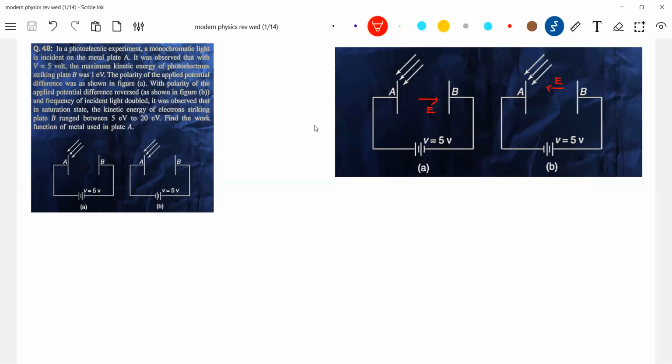With the polarity of applied potential difference reversed as shown in figure B and the frequency of incident light doubled, it was observed that the maximum kinetic energy of photoelectrons striking the plate B was 1 electron volt. Find the work function of the metal used in plate A. This was frequency F, this is 2F.